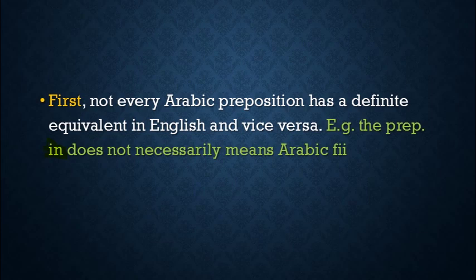Sometimes in happens to mean في, and sometimes not. I might say the books are in the box, الكتب في الصندوق. So here it means في, but I'm interested in learning the Arabic language. So here in does not, they are not equivalents.